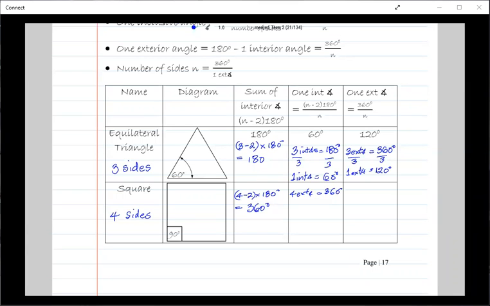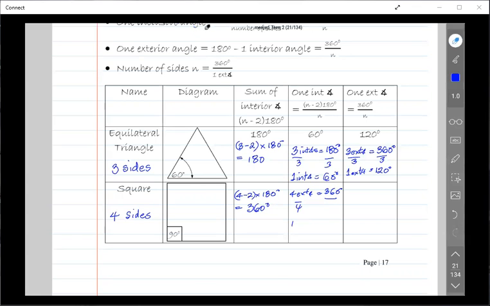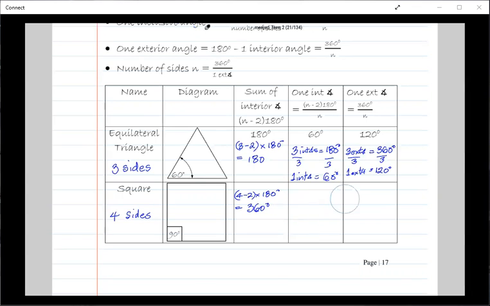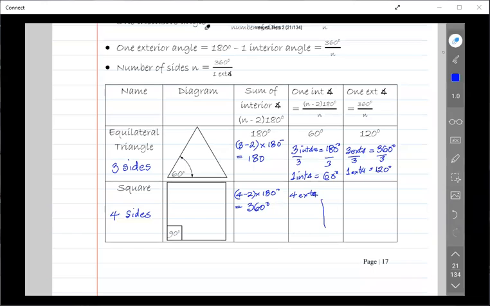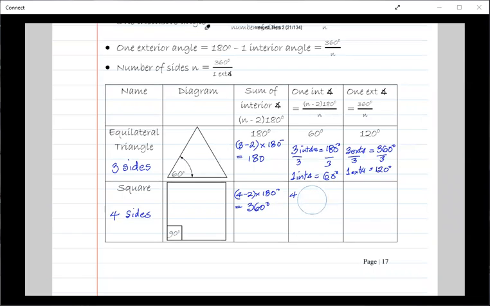Divide them by 4. So 1, that should be interior, we're not at exterior yet. The 4 interior angles, which are all equal, add up to 360 degrees.